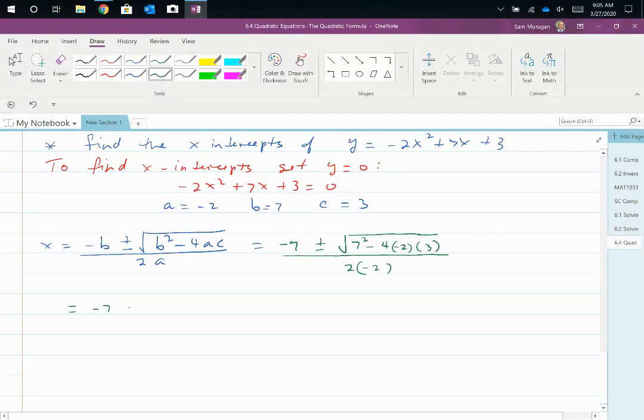So it's negative 7 plus or minus the square root of 49, 4 twos are 8, 8 threes are 24. Negative times negative gives me a positive number right there, divided by negative 4.